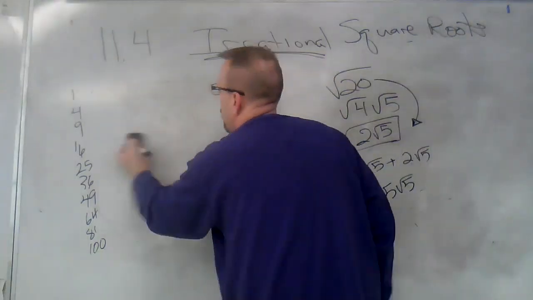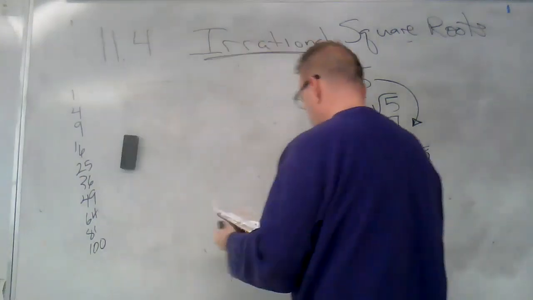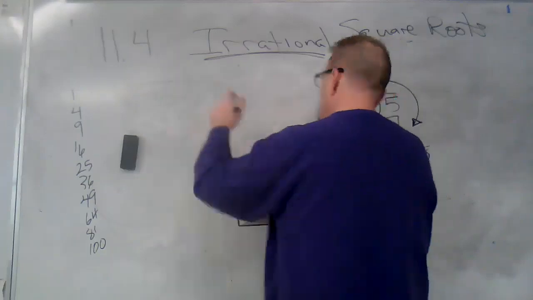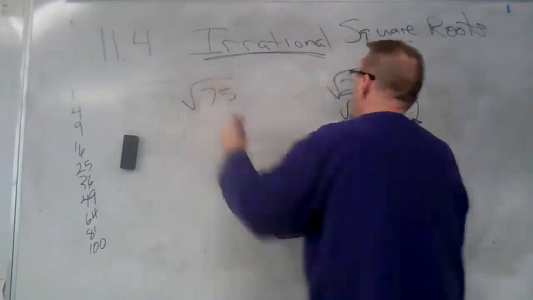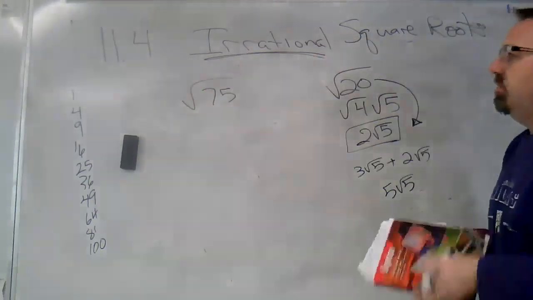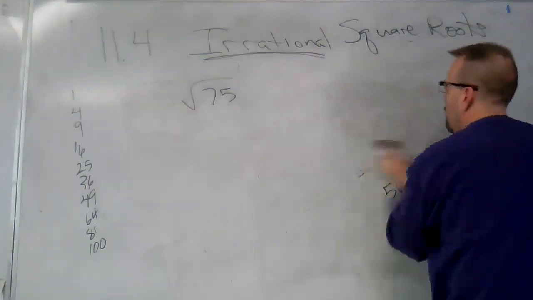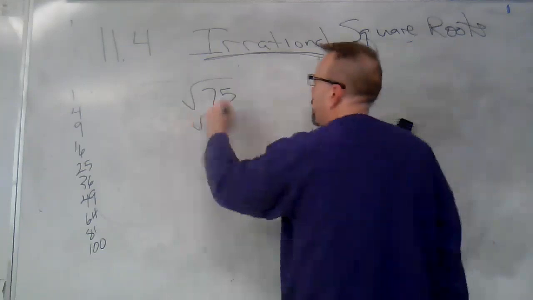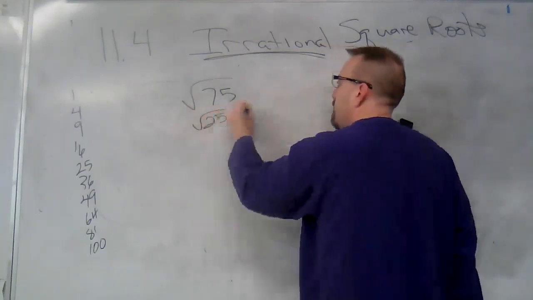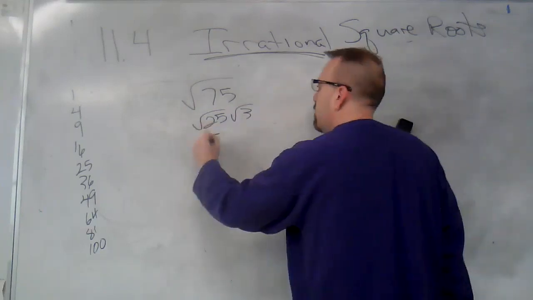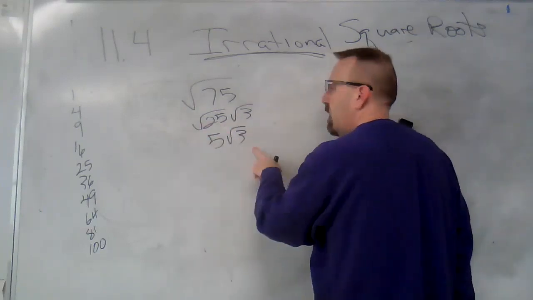So let's take some more of those. All right, square root of 75. Anything from that list that would go into 75? 25. So we have 25, and it's 25 times 3. Square root of 25 is 5. Radical 3 does not break down.